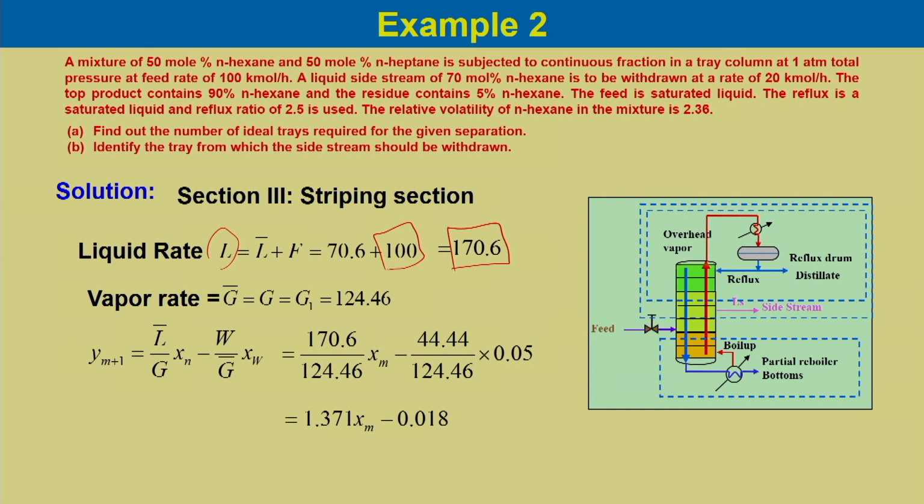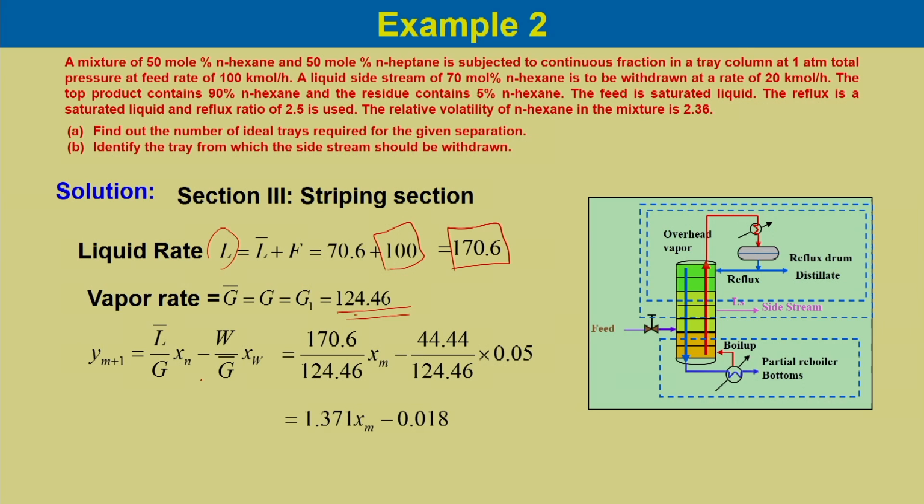The vapor rate remains constant for this section as well. G bar would be equal to G, which is equal to G1, which is 124.46.